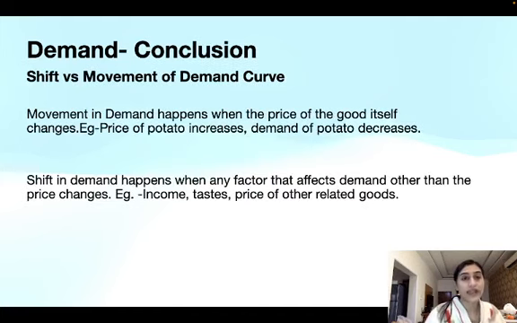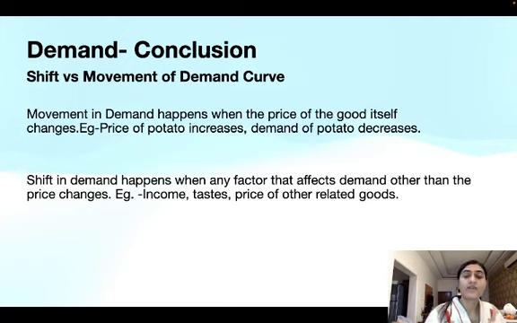Now we come to the end of this class, and I want to draw your attention to the difference between a shift and a movement of the demand curve. Movement in the demand curve happens for only one reason, and that reason is when the price of the good changes.